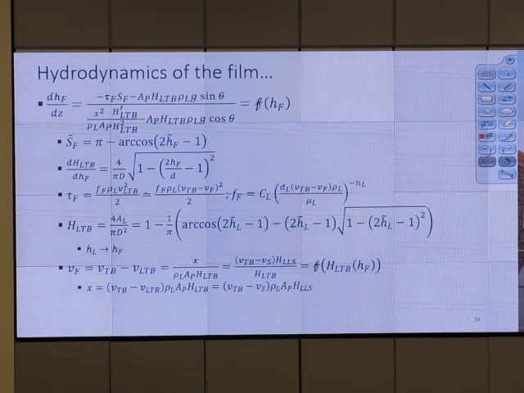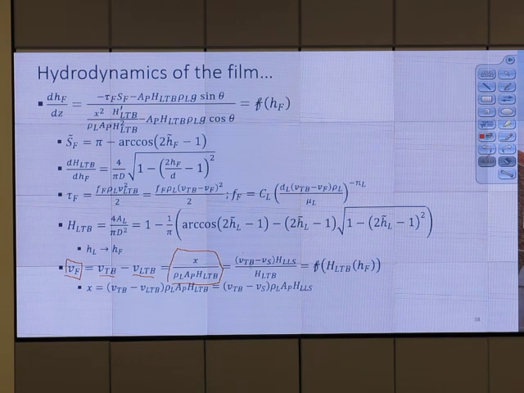Okay. So let's go back to the governing equation. We have VF inside Reynolds number, which is inside friction factor of film part, which is inside tau F. Okay. How do we express VF? VF is VTB minus VLTB, which is X over that whole thing.